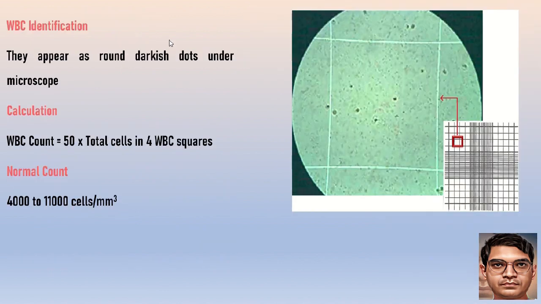WBCs will appear as black dots under the microscope. Count all the cells in 4 corner boxes and multiply it with 50. You will get the WBC count. The normal WBC count ranges between 4000 to 11,000 per millimeter cube.